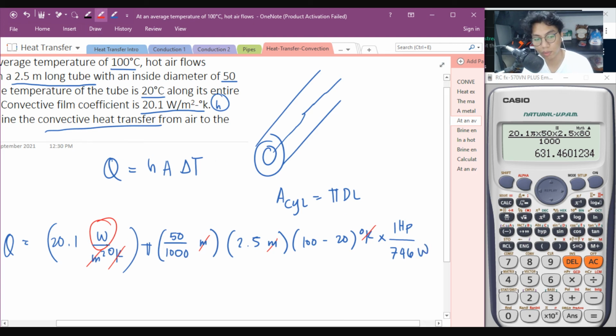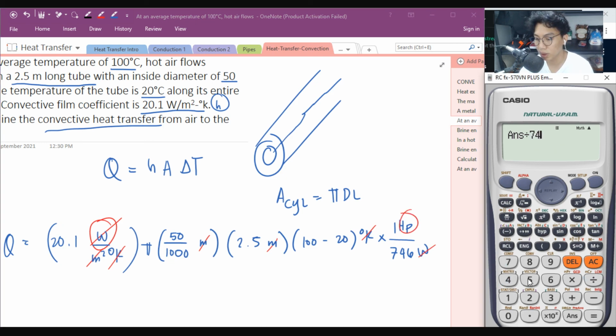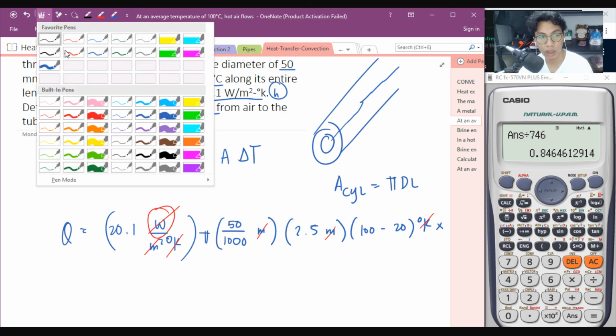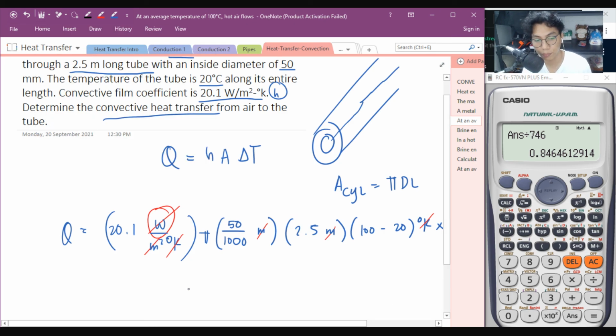Cancel all the same unit, yung watt. Ang natira is HP. Divide natin ng 746. Okay. The answer there will be in HP. So, Q, or the convective heat transfer is 0.8465, approximately 0.85 HP of heat.